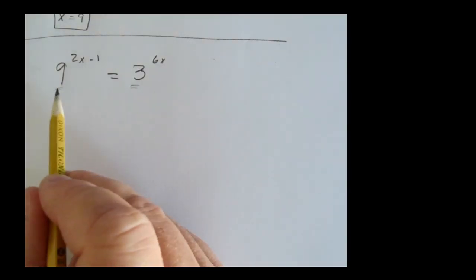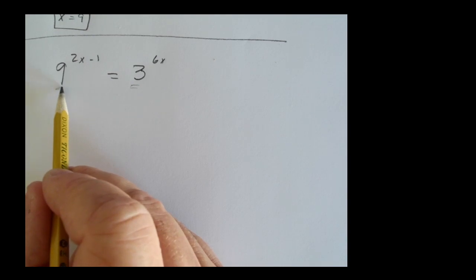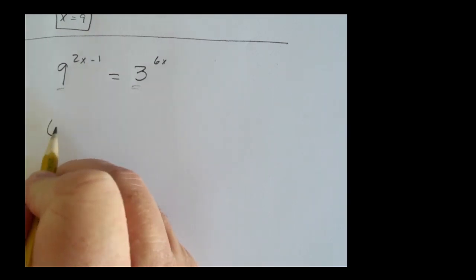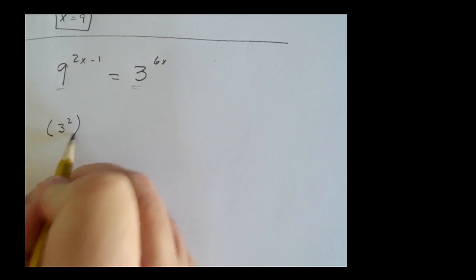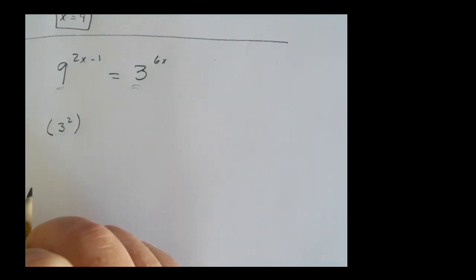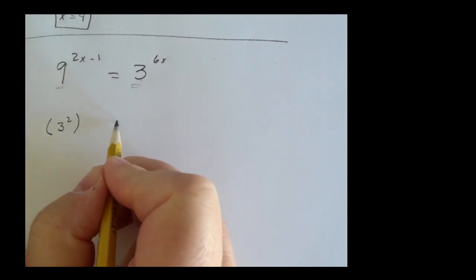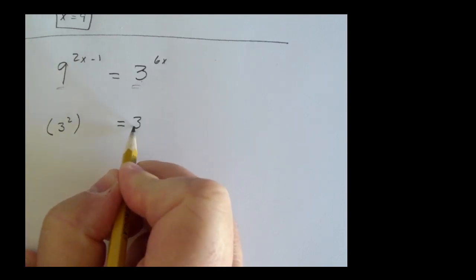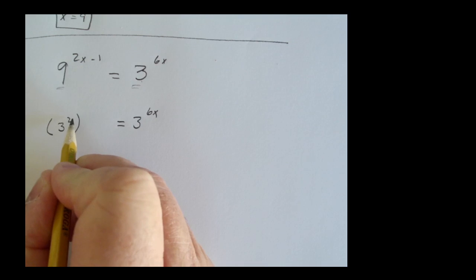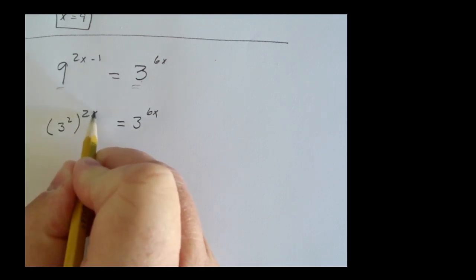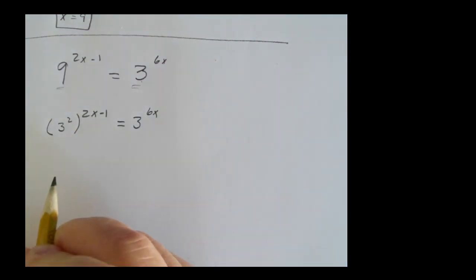So we got a 3 and we got a 9. We can break that 9 down. So 9 is equal to 3 squared. It's the same base as what we have here. But we can also put 2x minus 1 right there too.